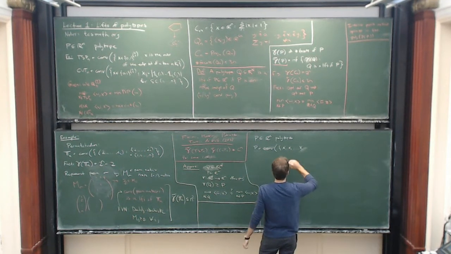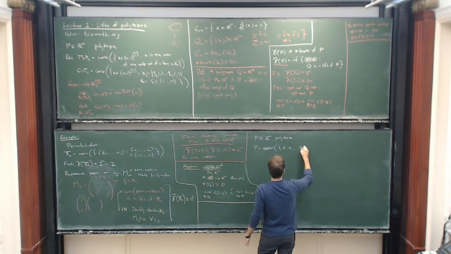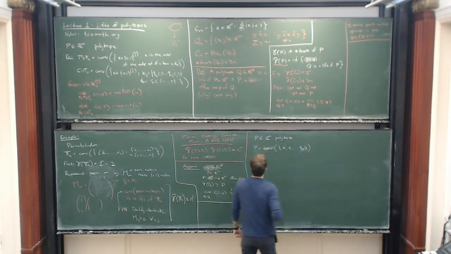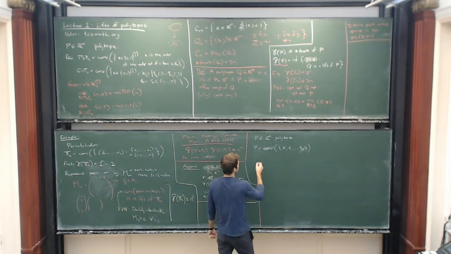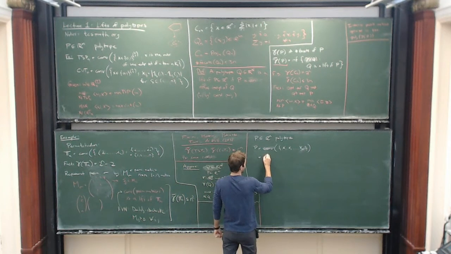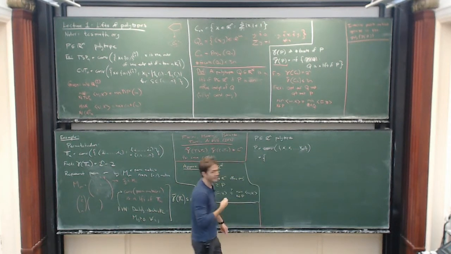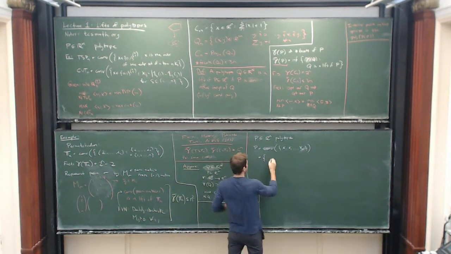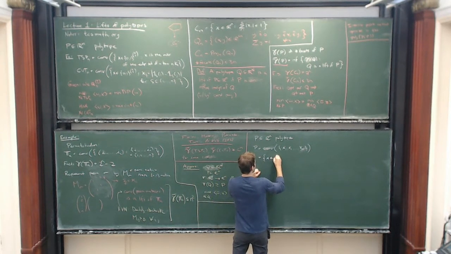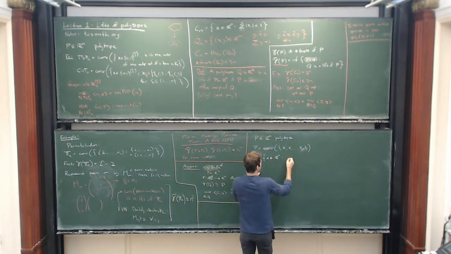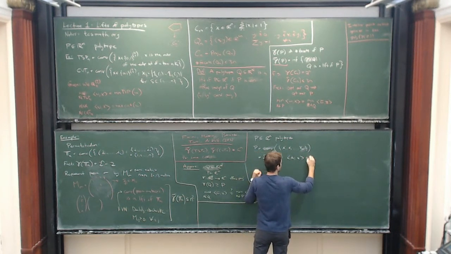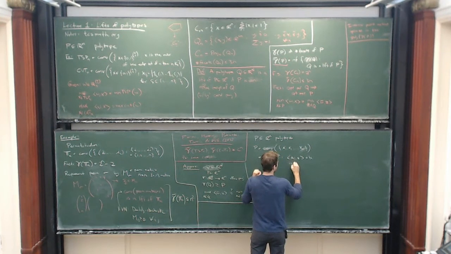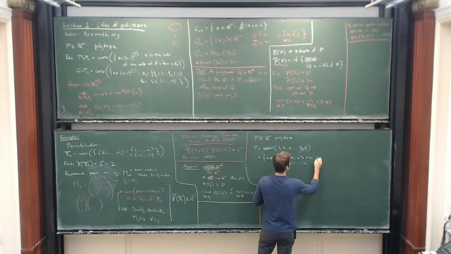Okay, let's use T. So it's the convex hull of its vertices, and we can also write it as the set of points satisfying a finite list of linear constraints. So we can write it as the set of all x in R^n such that a_i x is at most b_i for i from 1 to m.